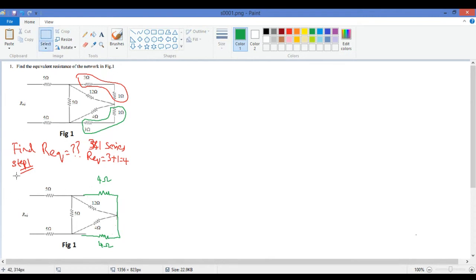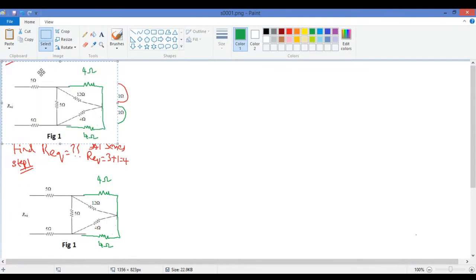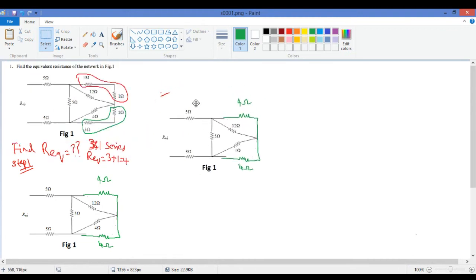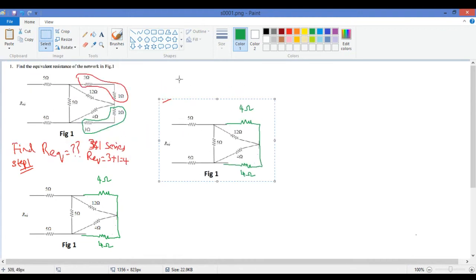again I will take this figure. Step 2. No, just see in step 2.